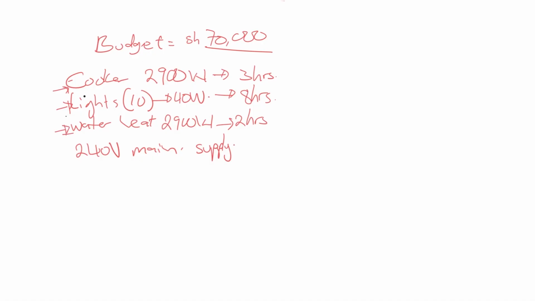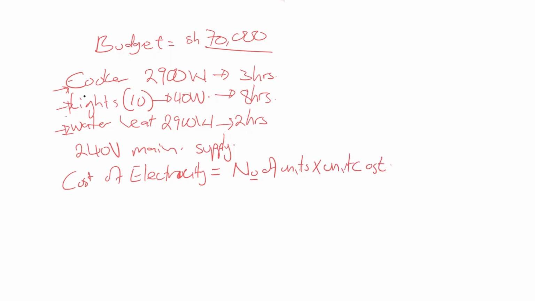Okay, we know that cost of electricity is equal to number of units times the unit cost.